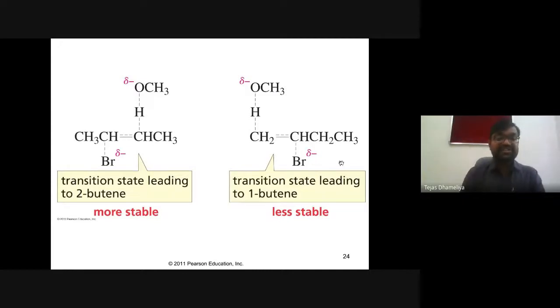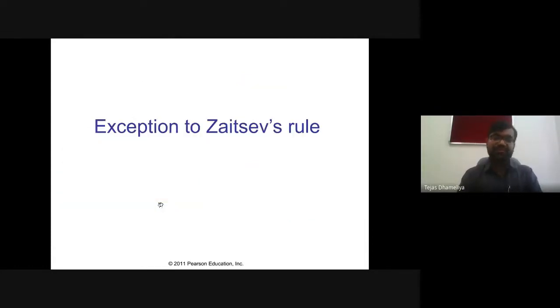The transition state leading to the more substituted alkene is more stable, and the transition state leading to the less substituted alkene is less stable. When the hydrogen is removed, it will induce some positive charge over this carbon, and this positive charge is further attached to 3 more substituted groups. So hyperconjugation will be there, and because of this, the more stable alkene is formed.